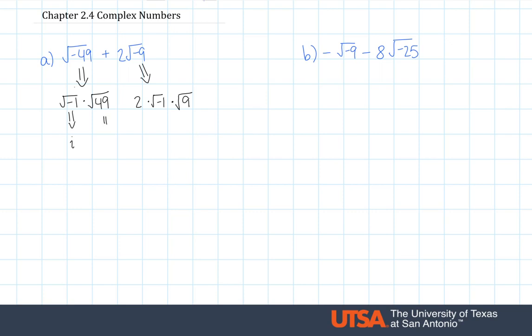We know that this is 7. Then we have a plus in the middle. We know that this is i, and that this is 3. So then we have 7i plus 2 times 3i, which is 6i. And all of this would be 13i. And since there's no real part, it's just 0 plus 13i.